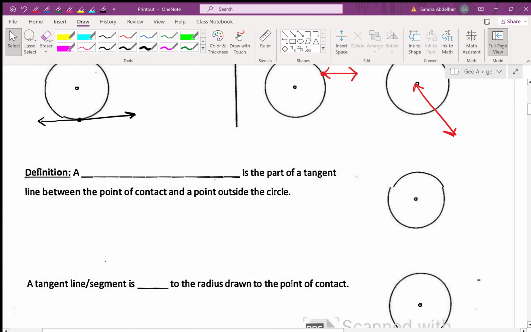A tangent segment is the part of a tangent line between the point of contact and a point outside of the circle.